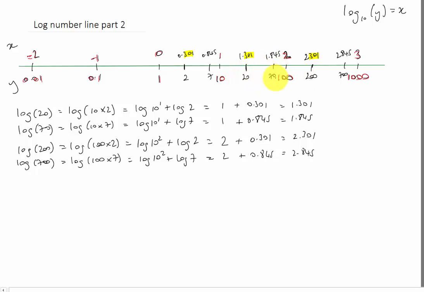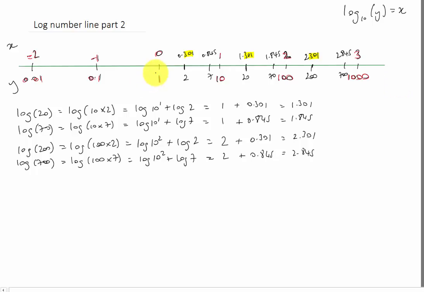And you can see that we see the same pattern with the y values getting more and more squashed up on the number line as we get towards our round number. Obviously this could carry on, so 2000 would be 3.301, 20,000, 4.301, etc. So that's that first part.